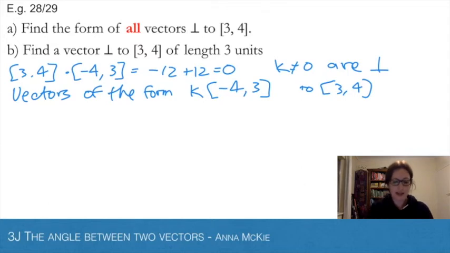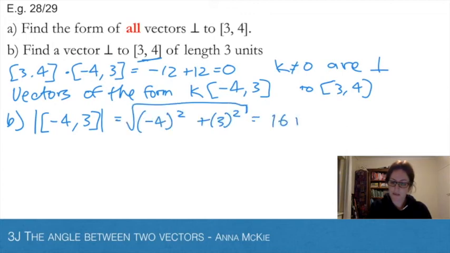Then part B is asking us to find a vector perpendicular to (3, 4) of length 3 units. So to do that, that should be a key: you need to work out the unit vector. So first of all, we need to know the length of this vector, the perpendicular one. So we want the magnitude of this, the length, and using our formula for that, we get the square root of 16 plus 9, which is the square root of 25.